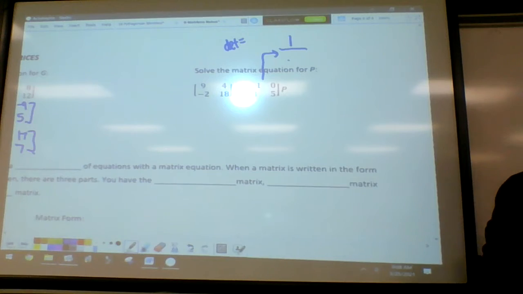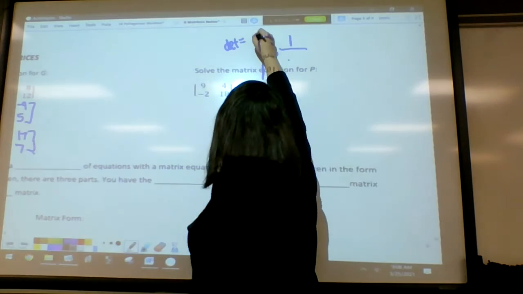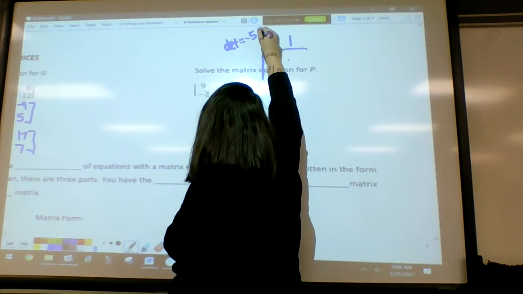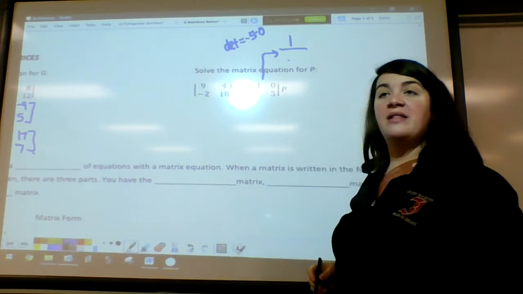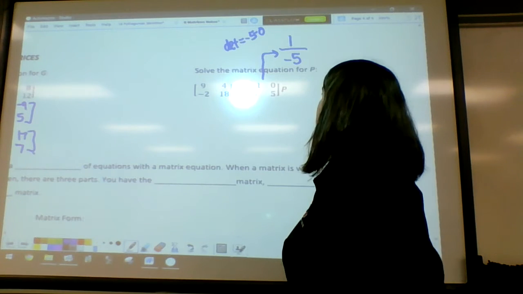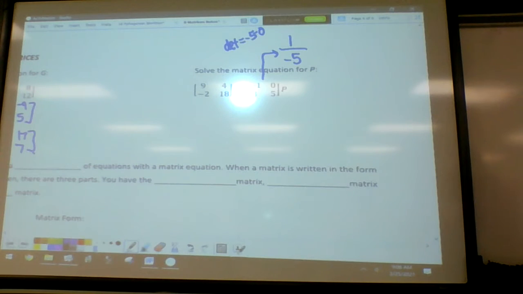Negative 1 times 5? Negative 5. 0 times 3 is 0, and you subtract those, right? So we get negative 5. So when we go to find the inverse, we'll use 1 over negative 5 in the front.